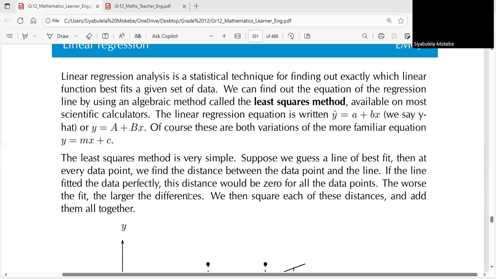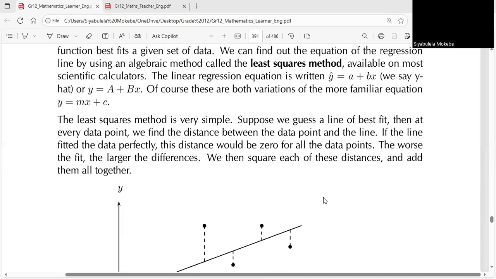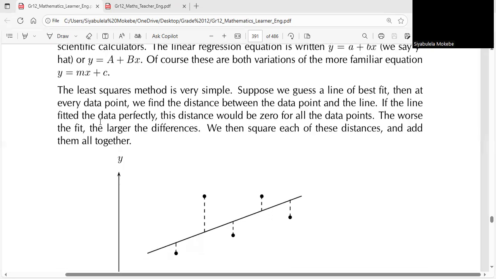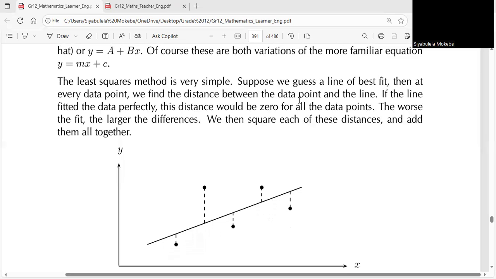The least squares method is very simple. Suppose we guess a line of best fit, then at every data point, we find the distance between the data point and the line. If the line fitted the data perfectly, this distance would be 0 for all the data points, obviously.